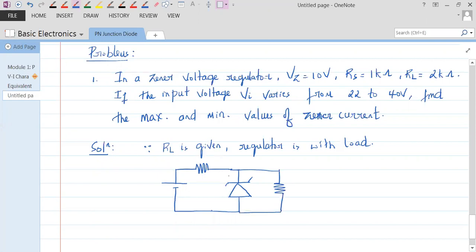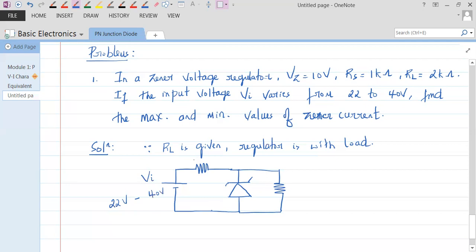Now, this circuit is not given in the problem, mind you. This VI is ranging from where to where? It is going from 22 volts to 40 volts, minimum and maximum.